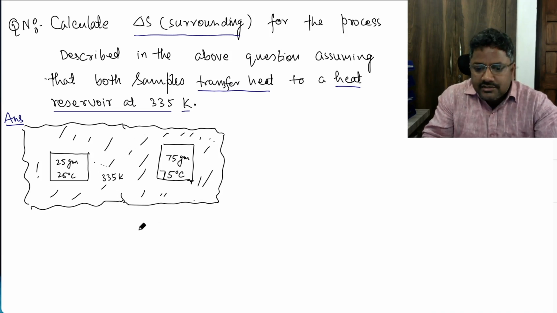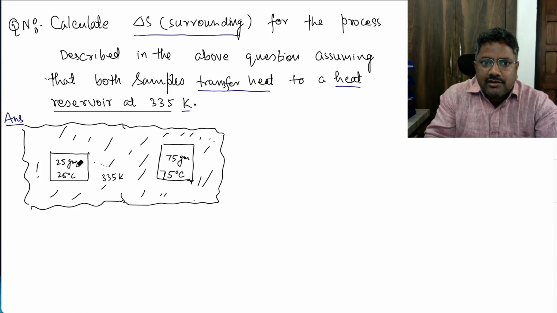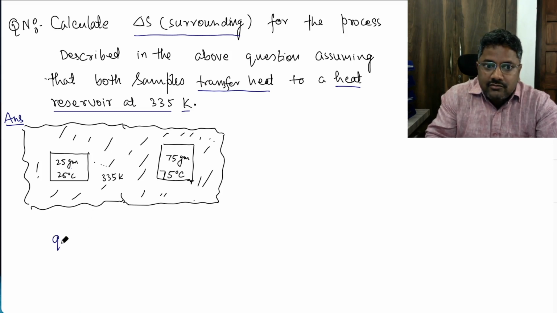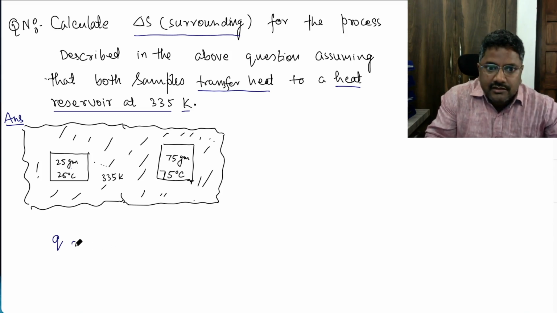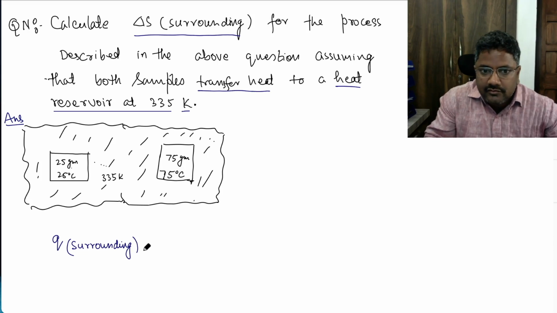So first, if you are able to find out the heat change for this cold and for this hot, so the heat change of this surrounding, Q of surrounding for cold first.